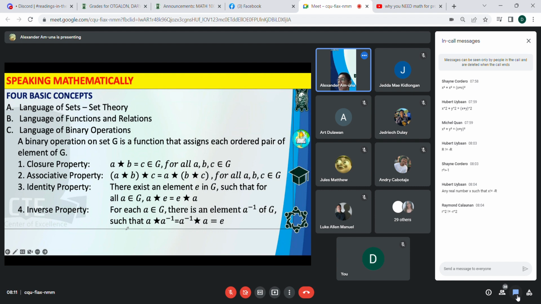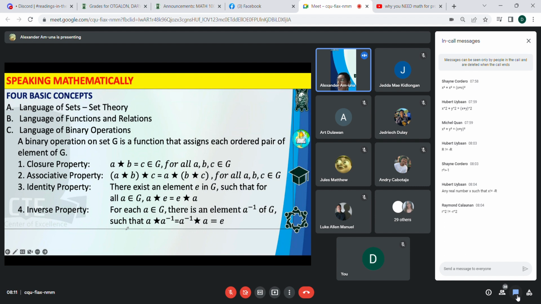And of course, we have the inverse property. For each A that is an element of G, there is an element A raised to negative 1, meaning the inverse of A, such that when you perform an operation between A and its inverse, it will be equal to the identity, which is 1.